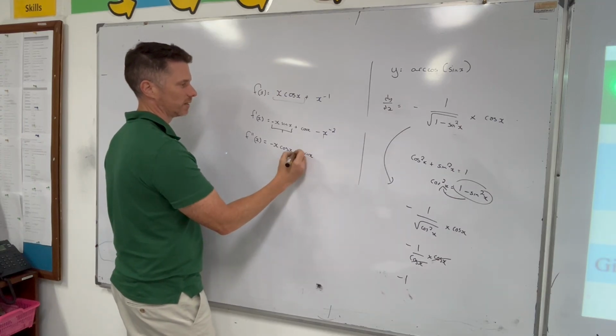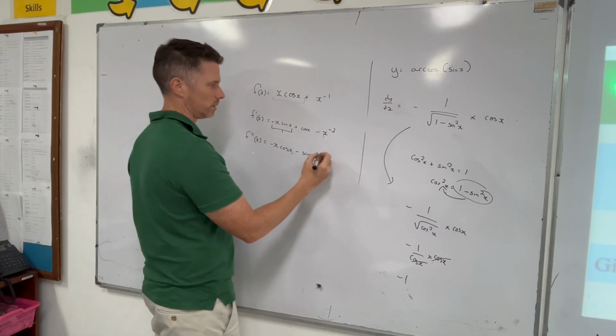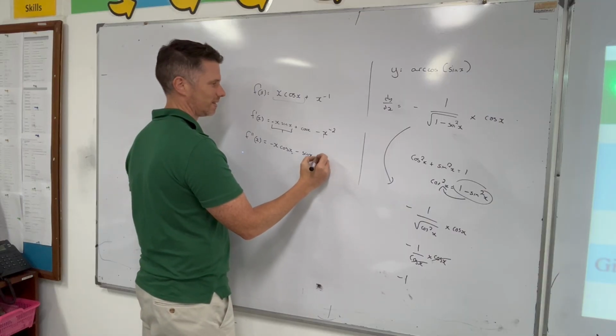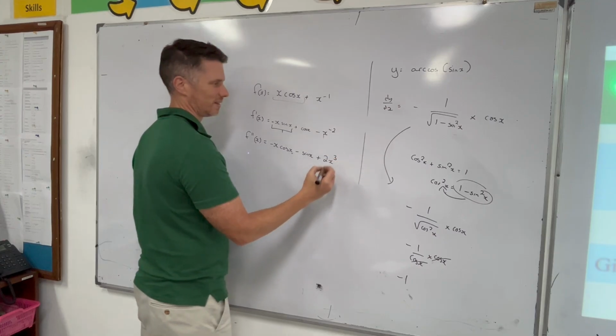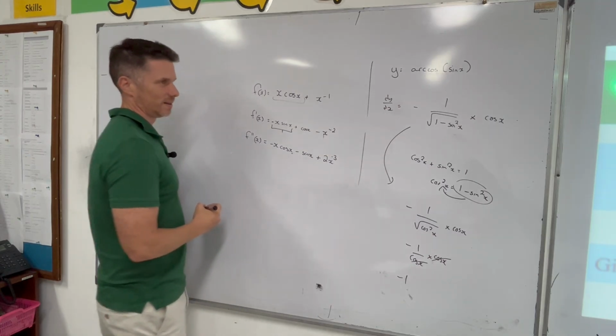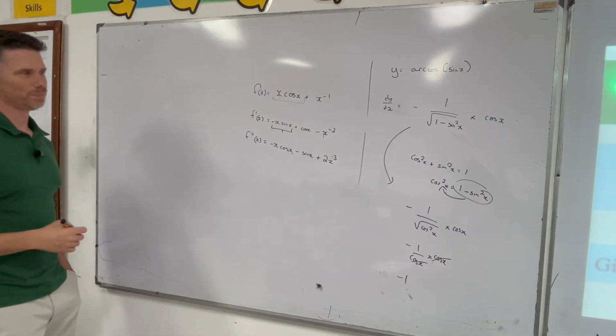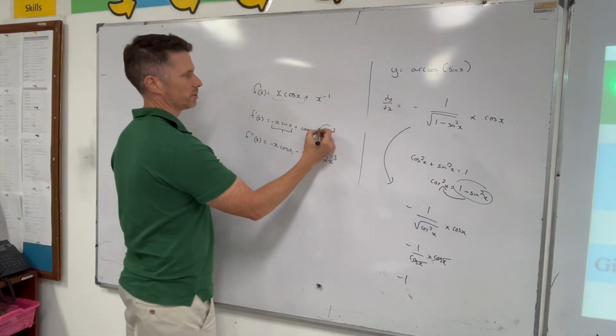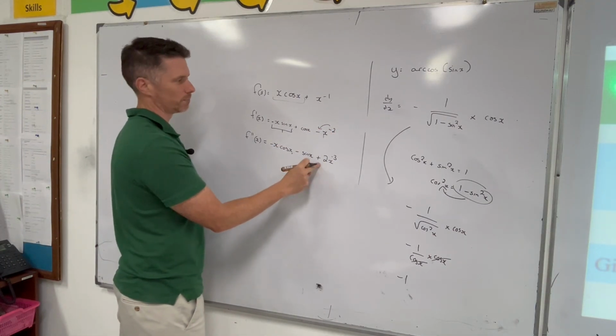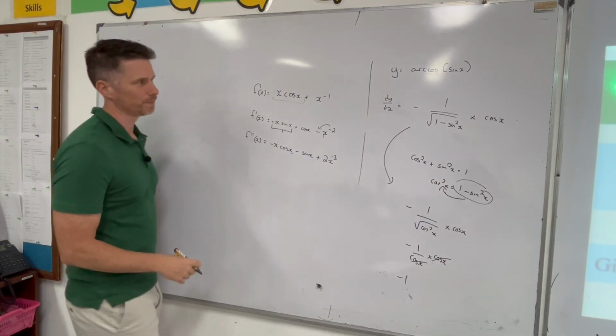So that will make that a negative. What's this one? Plus 2x to the power of -3. There we go. So -2 times -1 is +2. Take 1 away from -2.